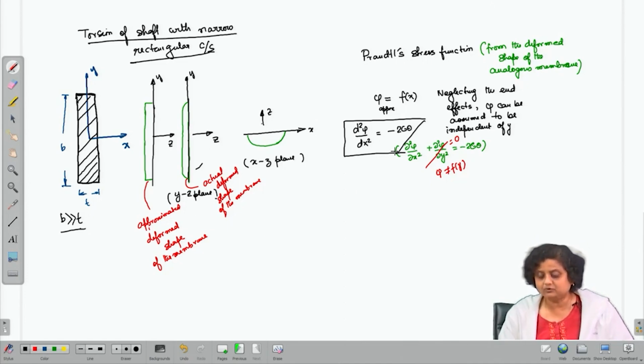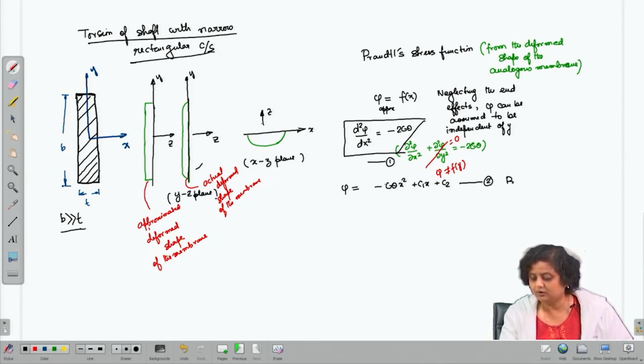Now, if we try to solve this equation, we will get phi as minus G theta x square plus C1 x plus C2. So, we get equation 2 by solving equation 1.